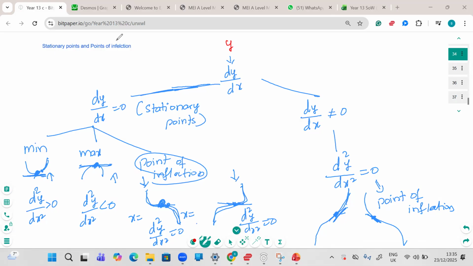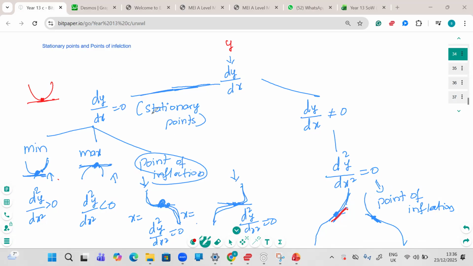For example, here, I'll change the color. If you see here, if you draw a tangent, that would be like this. But here, you cannot get a horizontal tangent. But if d squared y by dx squared is equal to 0, then it has a point of inflection. So dy by dx is not equal to 0, but d squared y by dx squared is equal to 0, meaning it has a point of inflection.